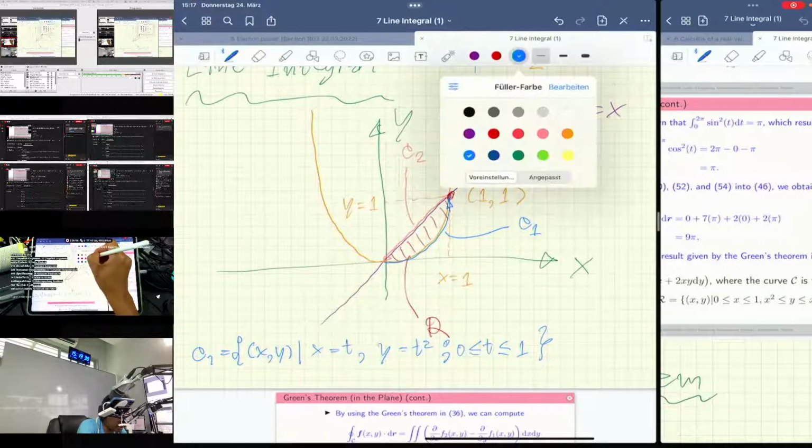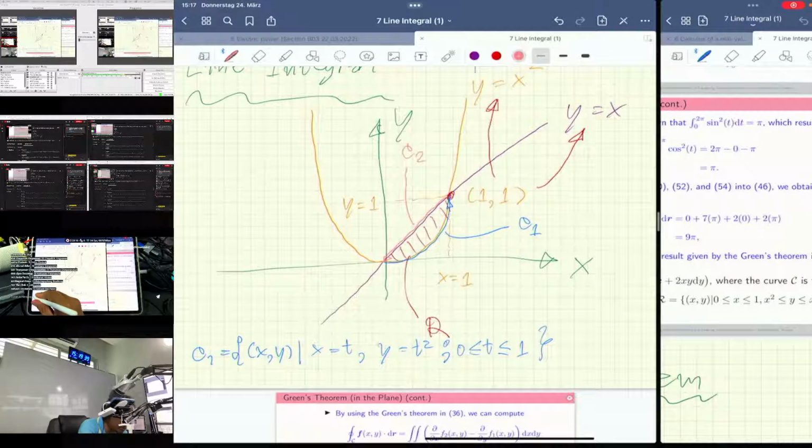And what about C2? C2 will be the same thing, which is coordinate xy, but you have to go along this way. You start from this point and you need to end up at this point.